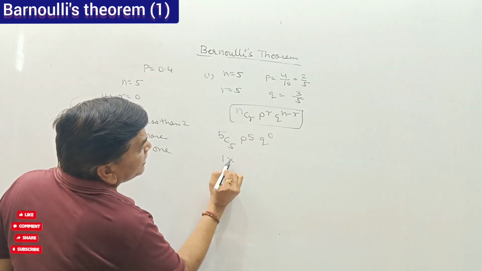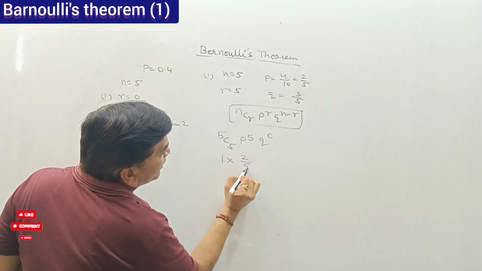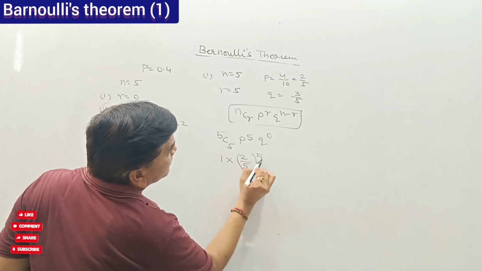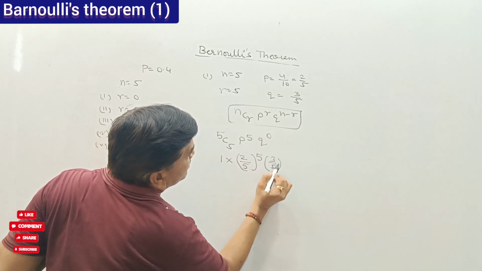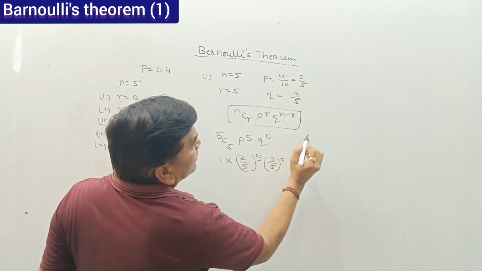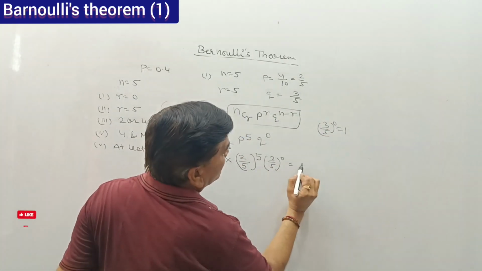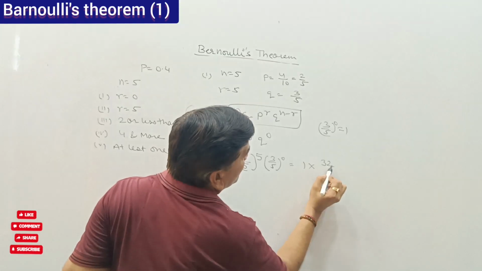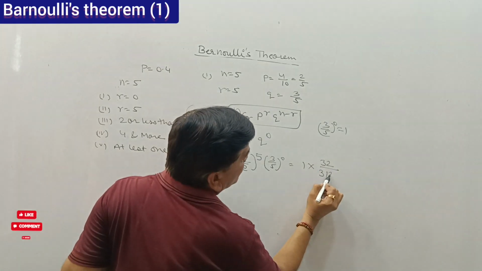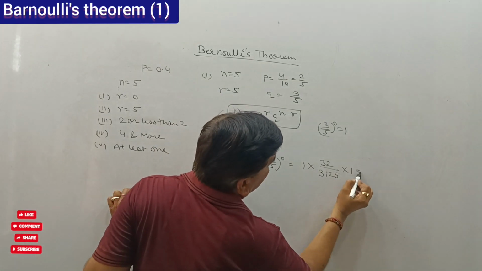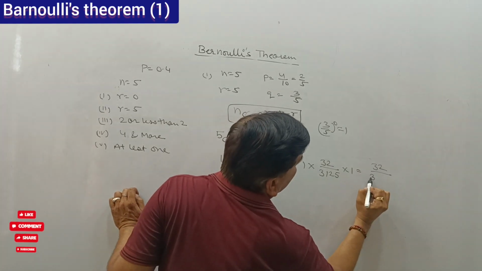So the value of 1, 2 upon 5 raised to power 5 and 3 upon 5 raised to power 0. So 3 upon 5 raised to power 0 will be 1. So that will be 1 multiply 32 upon 3125 multiply 1, that is 32 divided by 3125.